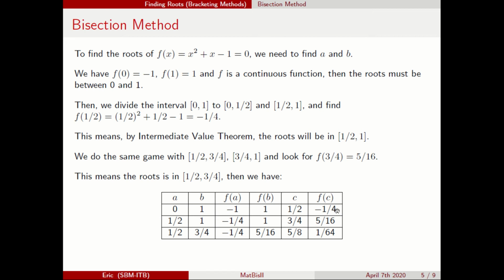Can you guess now? Where is the location of the root? Between 0 and a half, or between a half and 1? You're right. The root should be between a half and 1. Why? Because if you guess the root is between 0 and a half, you know the value of f at a is negative and the value of f at c is negative.